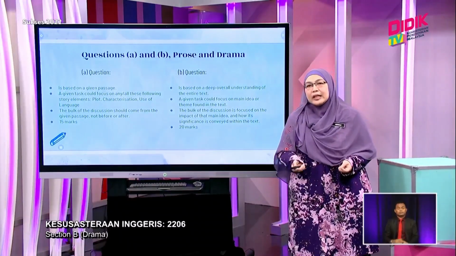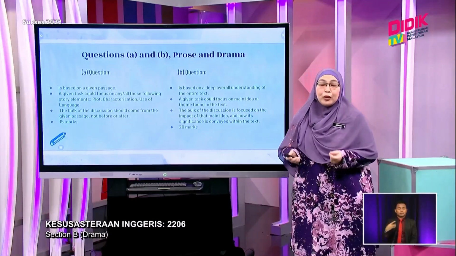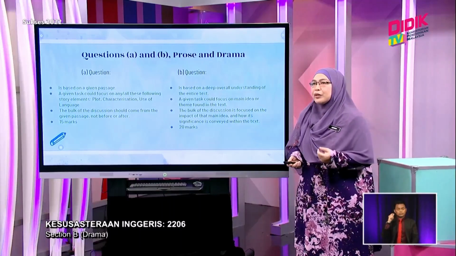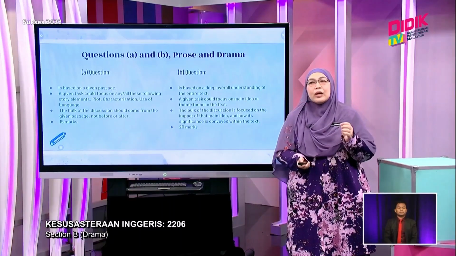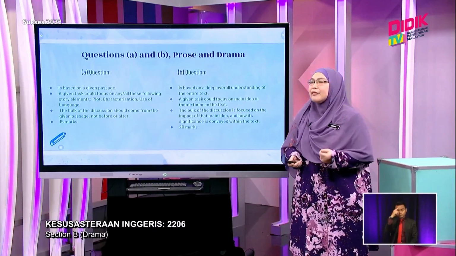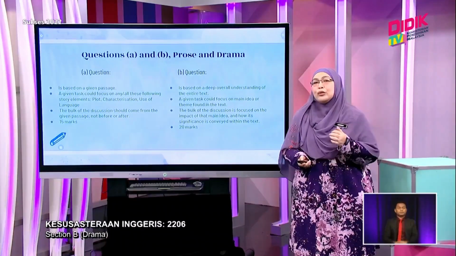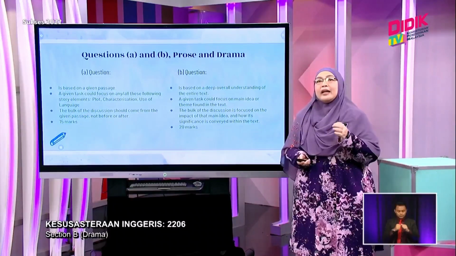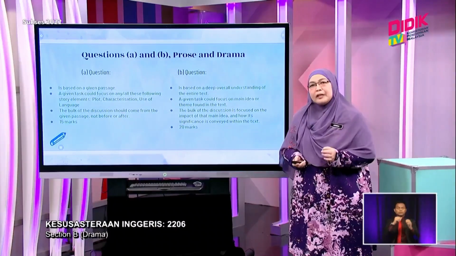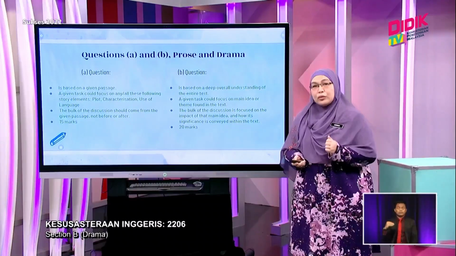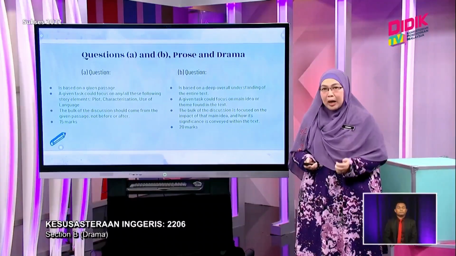As we mentioned earlier, very similar to prose, an A question requires candidates to study the given passage. Based on what you can analyze and discuss in the passage, you are going to score 15 marks.